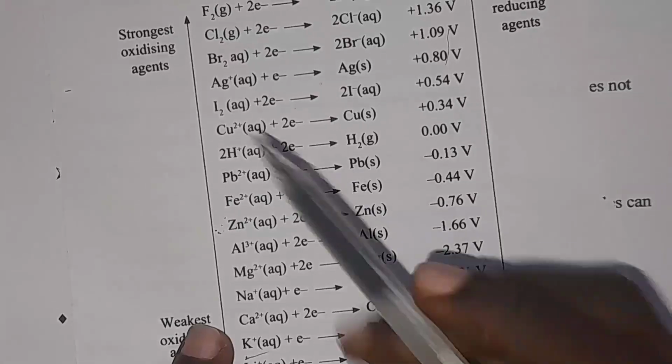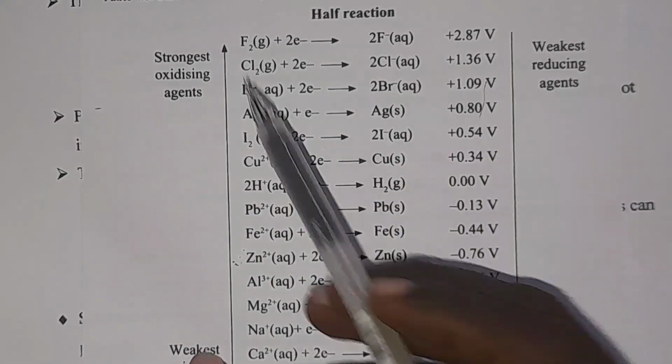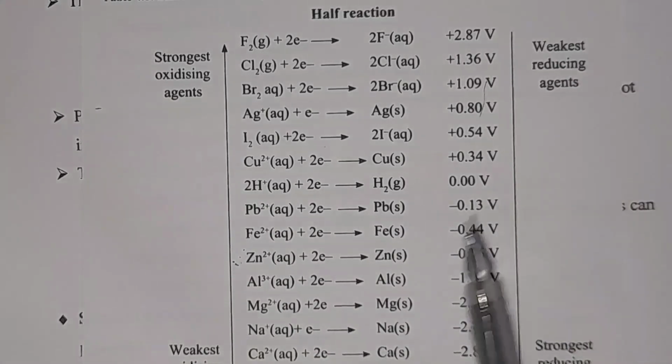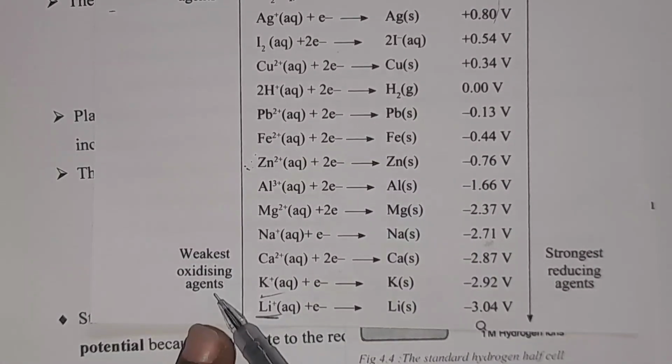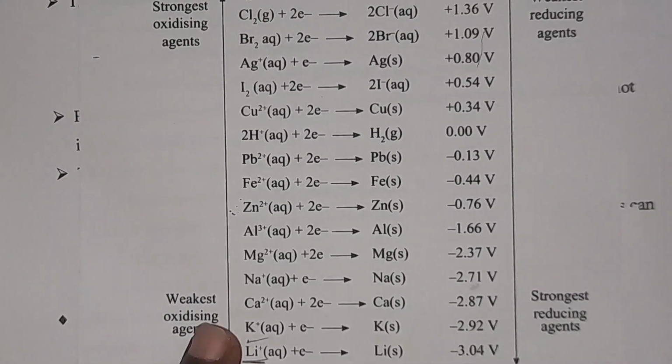So remember, the strongest oxidizing agent is also known as the weakest reducing agent, whereas the weakest oxidizing agent is known as the strongest reducing agent. You have to know also those terms.